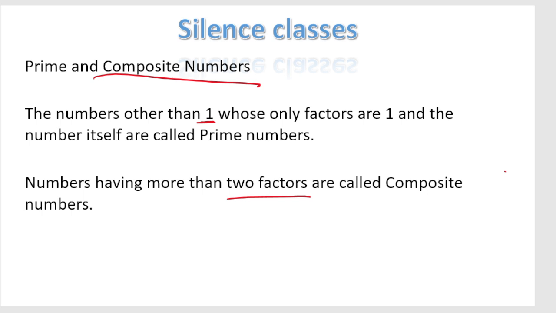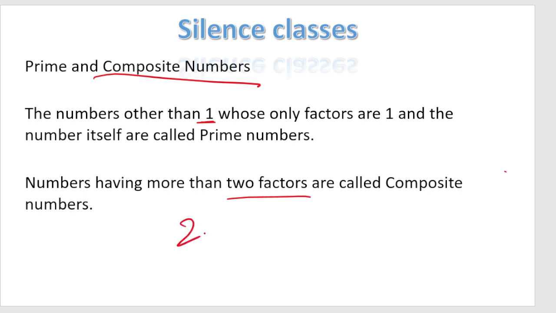Or in a simple manner I can say, the numbers apart from prime numbers, except prime numbers, all the other numbers in the number system are composite numbers.